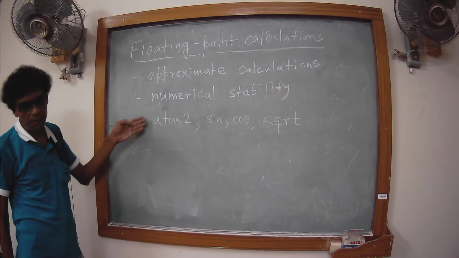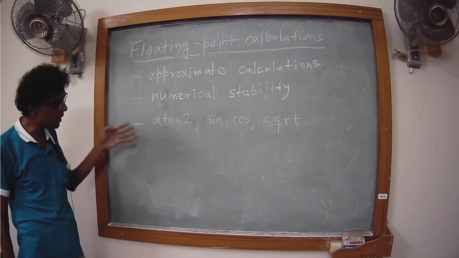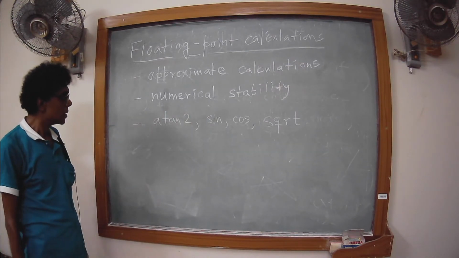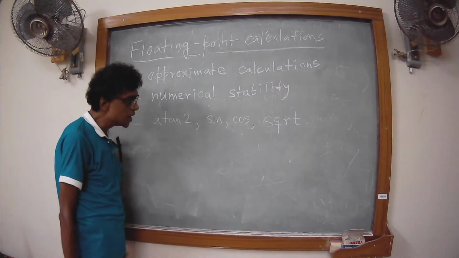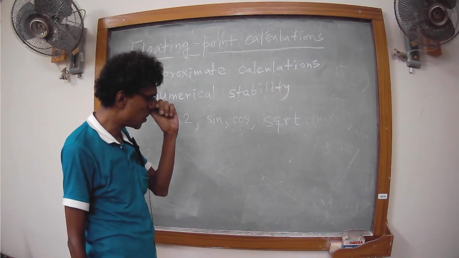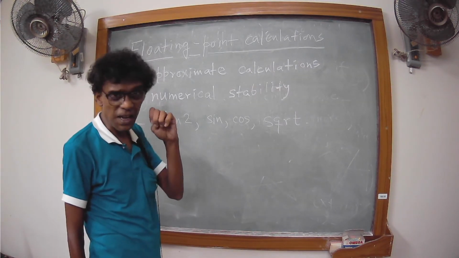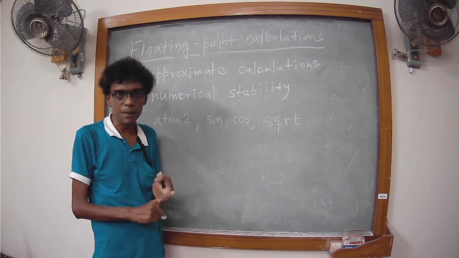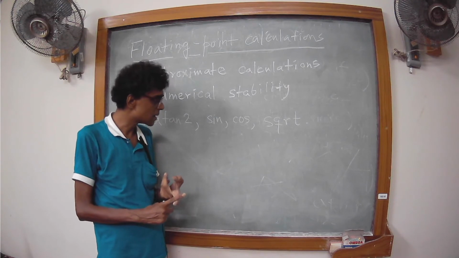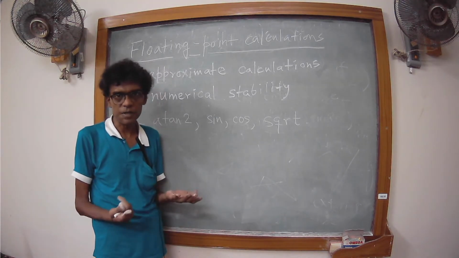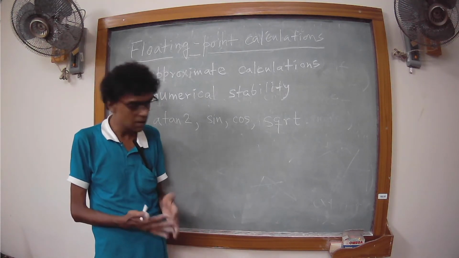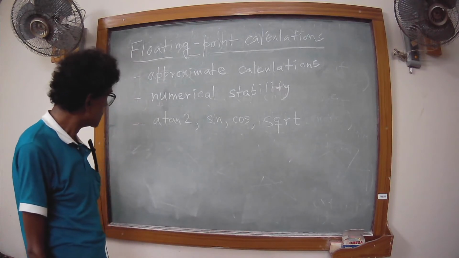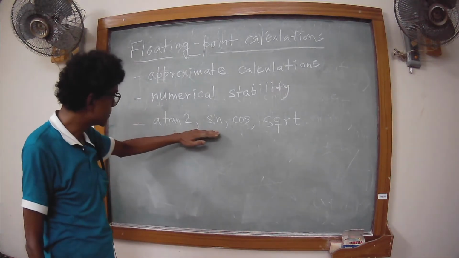These are all math library functions. So what should I assume about their running time? It's not a basic operation like addition, subtraction, multiplication, quotient, remainder, or bitwise operation like OR, XOR, AND. So what are their running times?